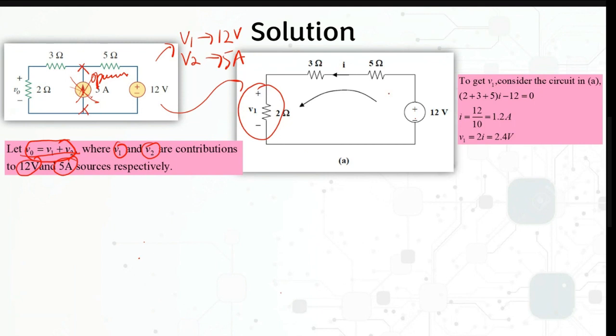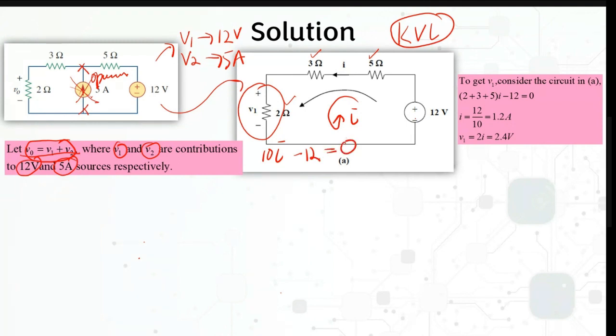To get V1, you can just use, I think this is the KCL, all right? KVL, okay, just use the KVL where you put here this loop current as I, and then add all the resistors in this circuit, 5 plus 3 plus 2, so you will have 10, so we'll have 10 I. If your current is like this, 10 I minus 12 equal to 0.